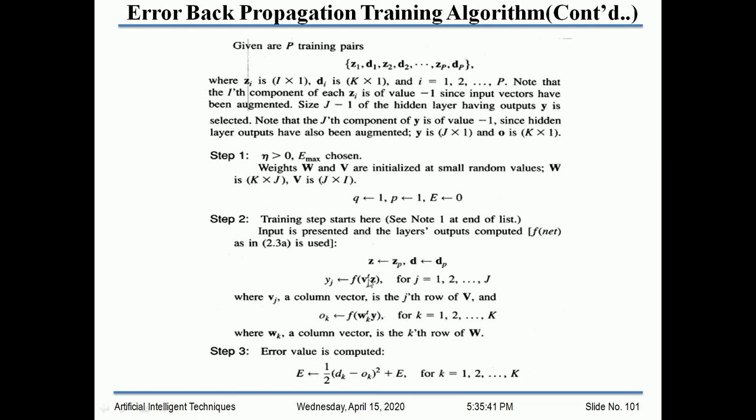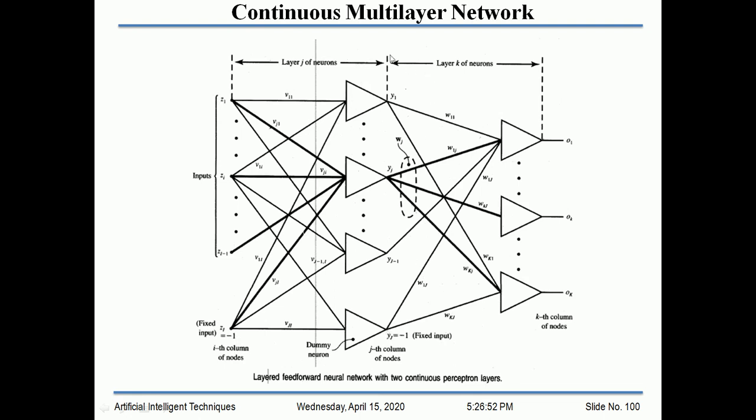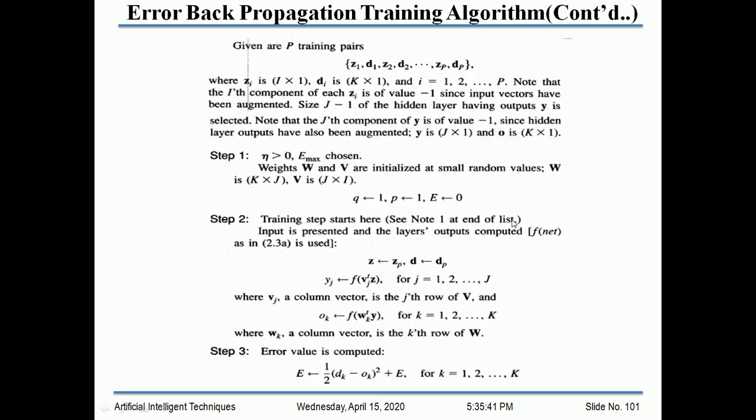You have to transpose the weight matrix, otherwise matrix multiplication will not be possible. So you have calculated the output of the hidden layer as well as the output of the output layer. That is step number 2.